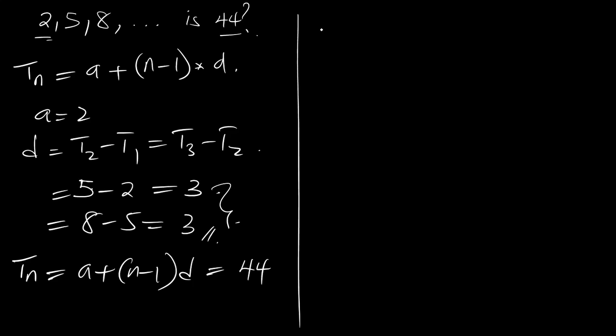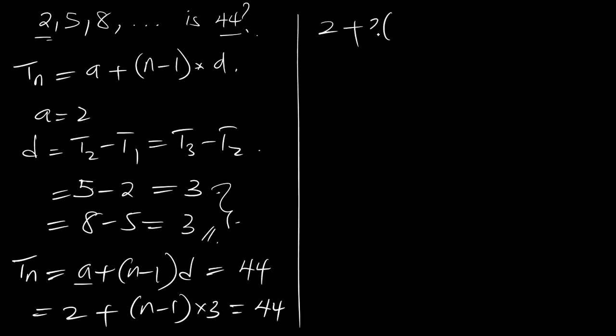We have a equal to 2, so we substitute 2 here. Here is now 2 plus our d, which is 3, times (n minus 1) is equal to 44. So we have 2 plus 3 times (n minus 1) is equal to 44.